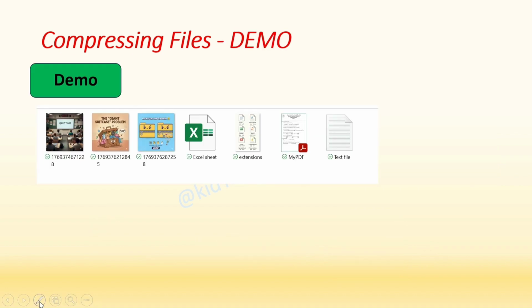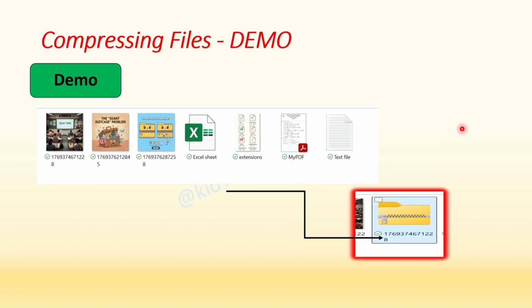All right, so we are in the demo session now. Let's see my screen. One of my folders has these files available. It has multiple types of files: Excel, images, PDF, and text files. I want to compress these files so that they consume less space and it is easy to share with someone. So I will use one of the applications available on my PC.